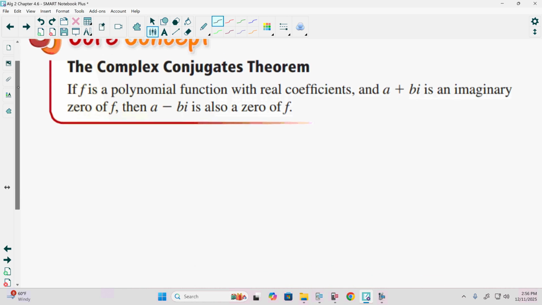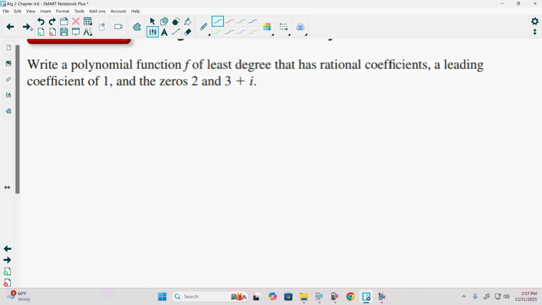Complex conjugate theorem: if a plus bi is a solution, then a minus bi is a solution. If we have one, we have to have the other. Now here it told us 2 is a zero, and 3 plus i is a solution. Well, if 3 plus i is a solution, then 3 minus i has to be a solution.